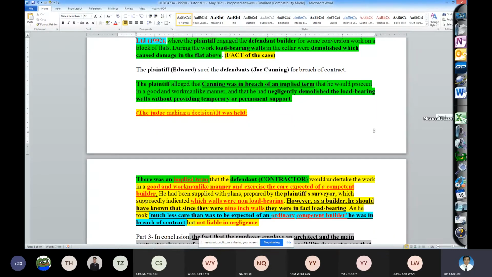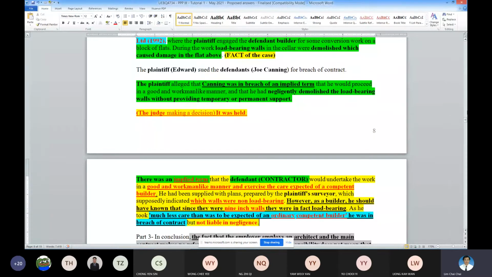If the competent builder has told the designer or the owner, okay, I'm warning you now that if I demolish this wall, you are going to have problems on the top of this wall, that means you are a competent builder. You already make known to the consultants and to the employer that if I demolish this load bearing wall, something will happen on the top there. Once I've done that, you are covered.